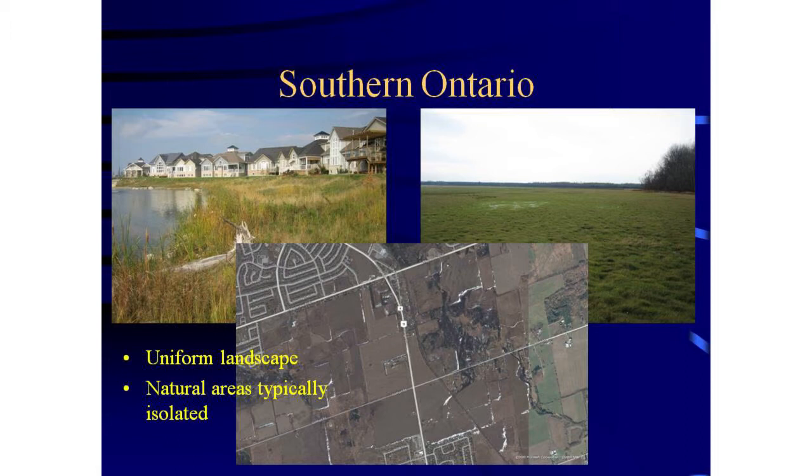And so just to compare and contrast our landscapes a little bit, Southern Ontario is a very uniform landscape for the most part. You get different areas where it's not so much so, but that's years of settlement and agricultural purposes. A lot of the forests were cleared, and so you have more of a landscape of isolated natural features scattered around.